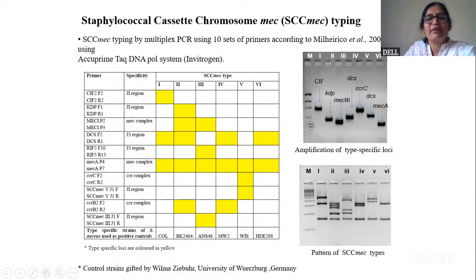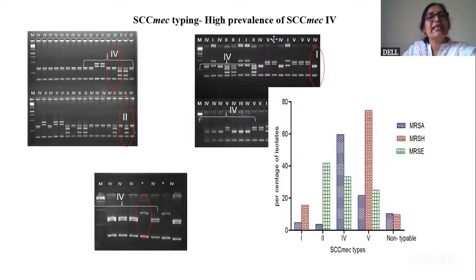This we have done in collaboration with our German partner, Wilma Zebua from Würzburg, Germany. When we did the molecular typing for the mec cassette, we found that SCCmec type 4 is more prevalent in our Mysore city.